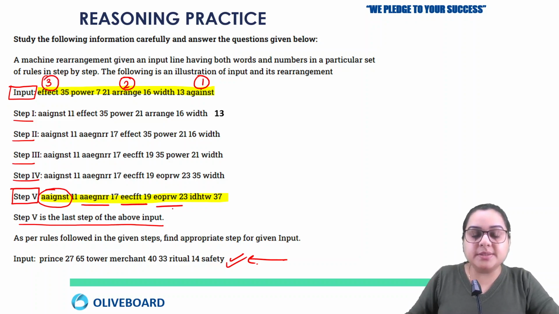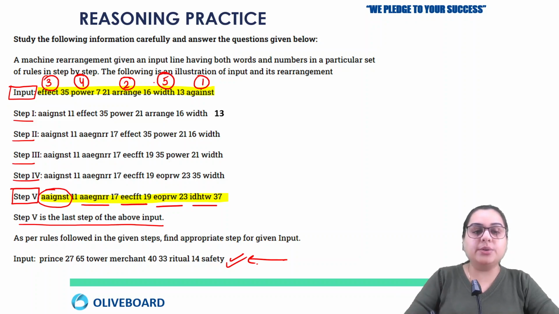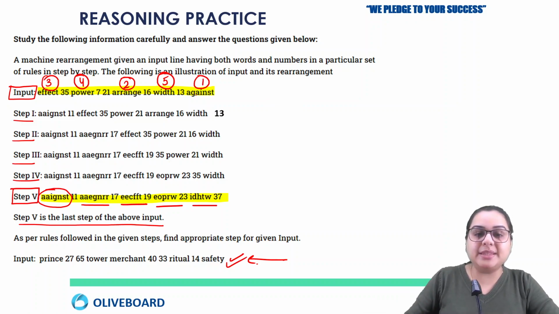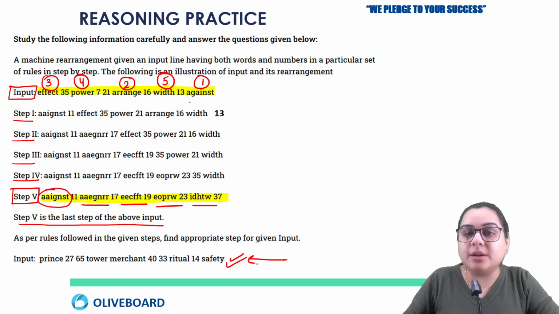Next is this. What could this word be? This is actually power, which is number 4. And then we have this width, which is number 5. I have marked the numbering on every word. And what I can see is that these are in dictionary order, or we can say ascending order.